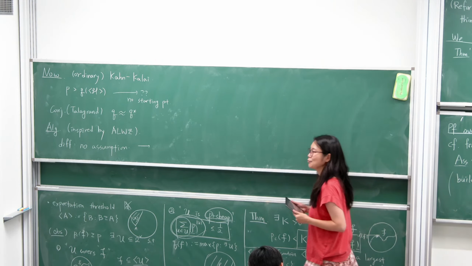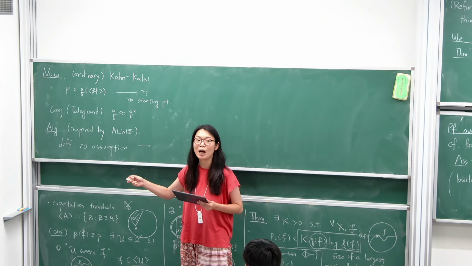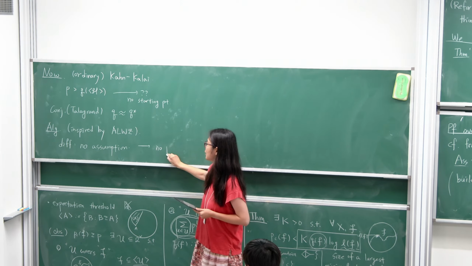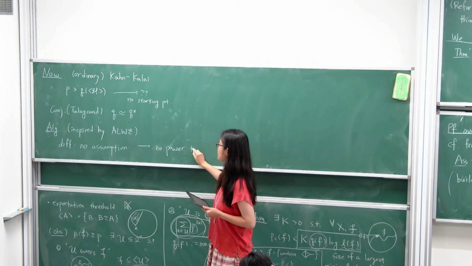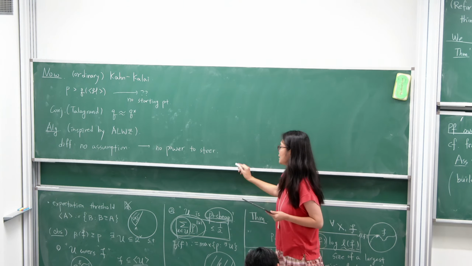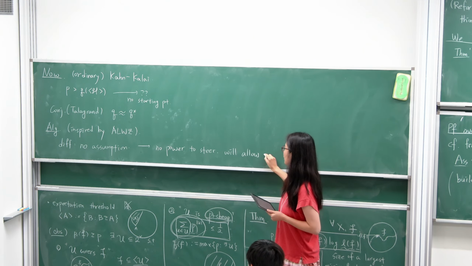But because we didn't have any assumption, we didn't have anything to use, which means we didn't have any power to steer the algorithm. So at the end, what we showed is we have to allow two outputs.